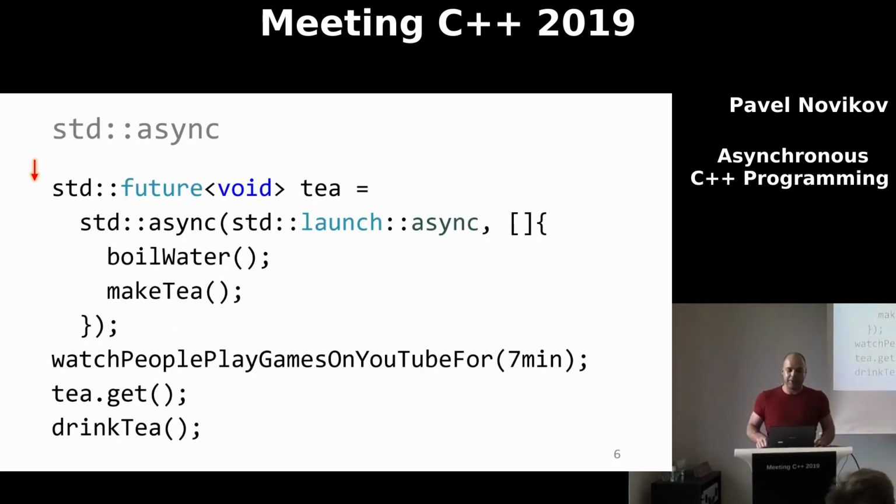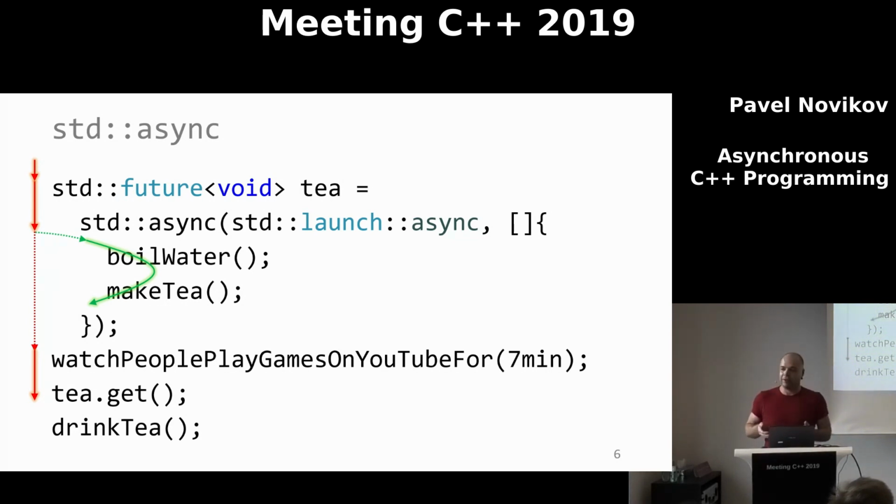And let's see how std::future works. We schedule a task. In this example, it is a lambda that boils water and makes tea for us. And we don't want to wait for it and stare at the kettle while it's boiling, so we schedule it with the std::async function, like that. The green arrow shows that the task is scheduled, and then we do something useful.